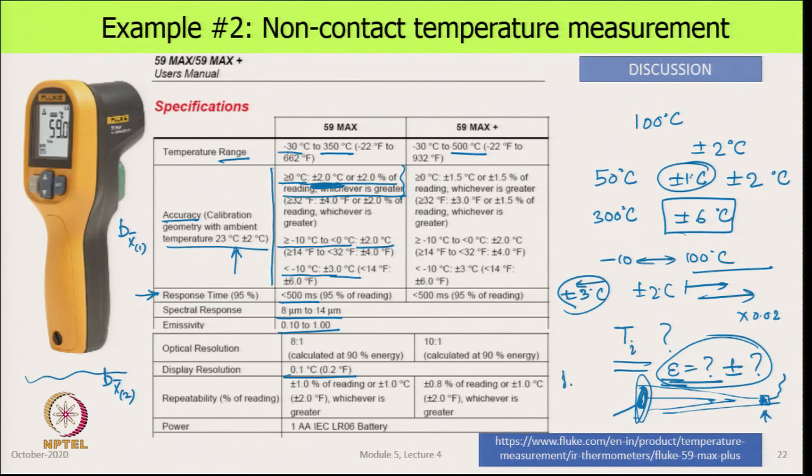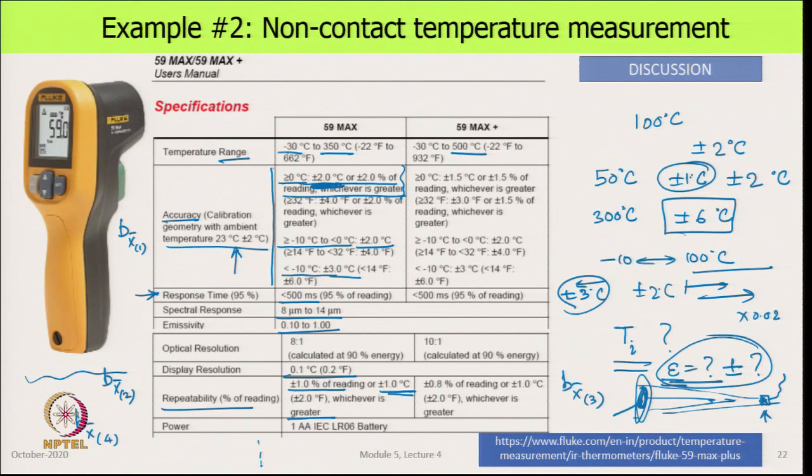Epsilon was another source of error, and then we have repeatability plus or minus 1% of the reading or plus or minus 1 degree Celsius, whichever is greater. That means if you measure the same thing again and again, this is what you can expect. Simply because there are the electronics, the sensor, the various random things happening and environmental changes, whatever, this is what is causing it. So, this becomes B x bar 4.